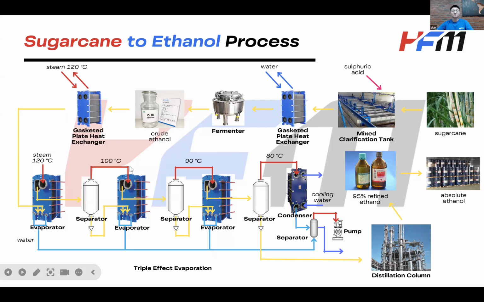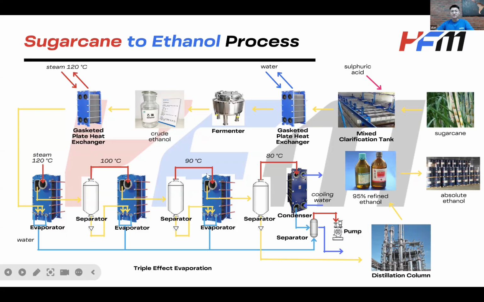To do this, we use triple effect evaporation, as you can see down below in this process. So what is triple effect evaporation? It's a three-step evaporator that recycles steam to boil off the liquid from, let's say, the ethanol.